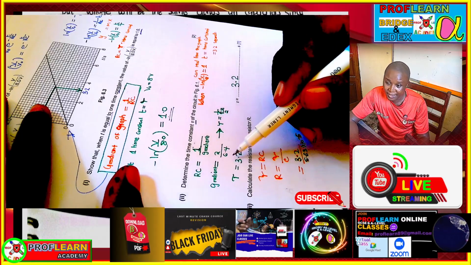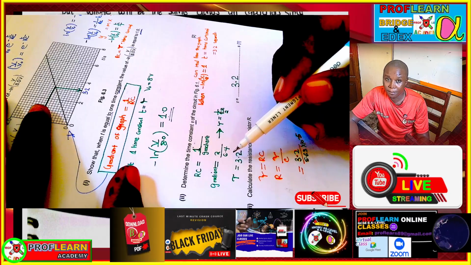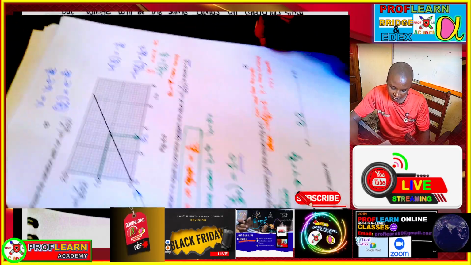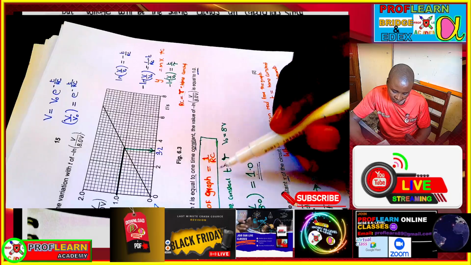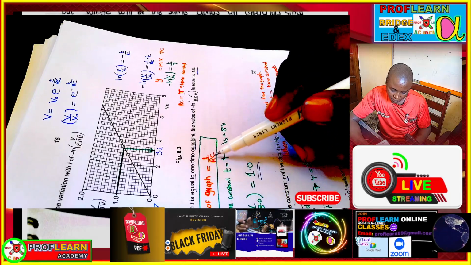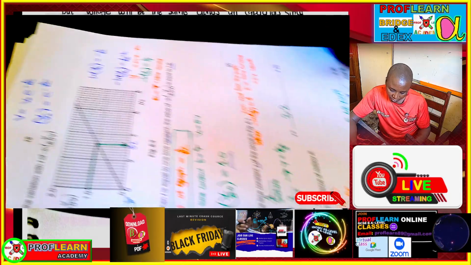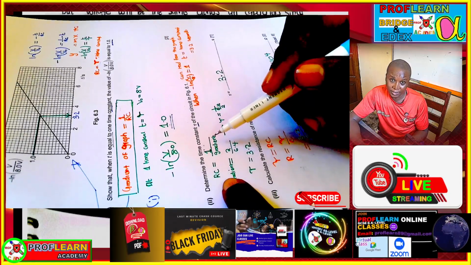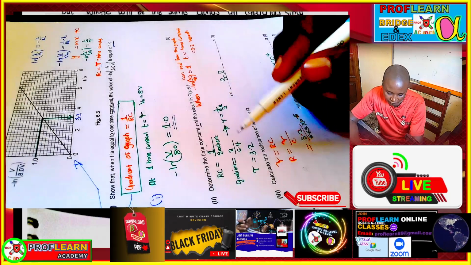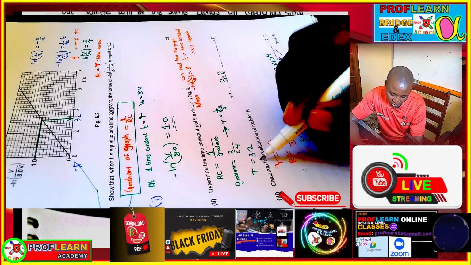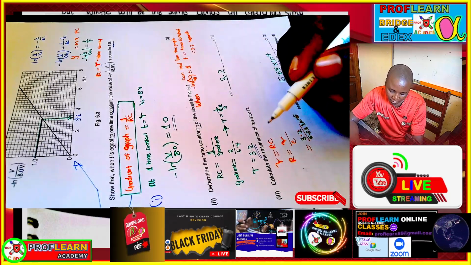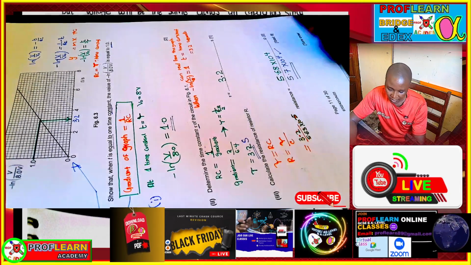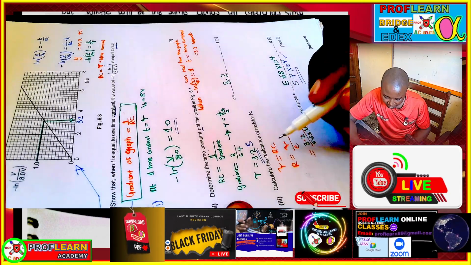But the gradient represents the reciprocal of RC. I said it here. Gradient is equal to the reciprocal of RC. So it means that RC is the reciprocal of the gradient. So if you find the reciprocal of the gradient, you are going to get your answer 3.2 seconds as our time constant. Calculate the resistance.